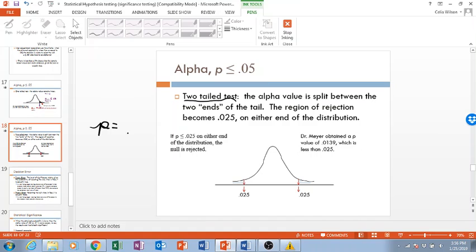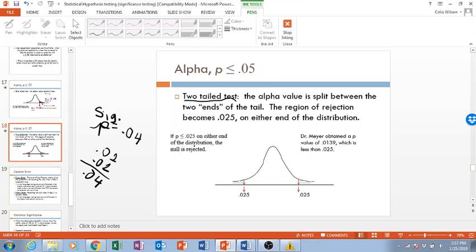So whatever value SPSS gives to us, and they're actually going to put it in a column and call it significance or sig. Say they give you a value of 0.04. Well, before that's given to us, they have considered it on both ends. So if it was 0.02 on both ends, then they're going to give you that value of 0.04.